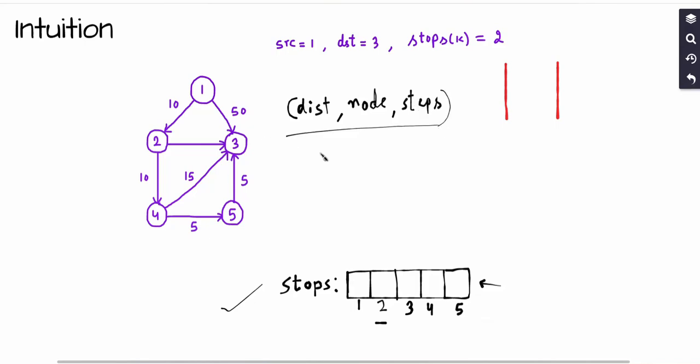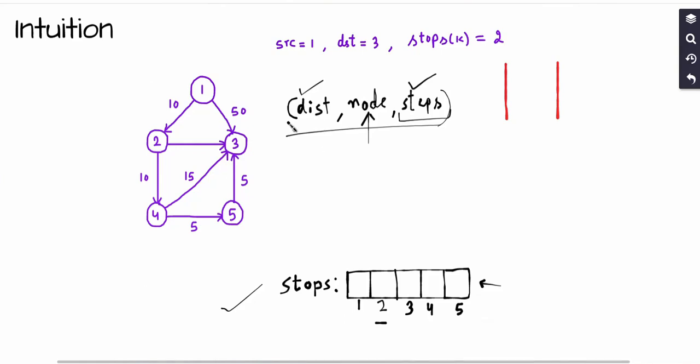What this triplet represents is that we have arrived at this node, its distance from the source city is this, while the steps that we have taken to reach this node are these steps. What do the steps represent? They represent the number of stops from the source city.